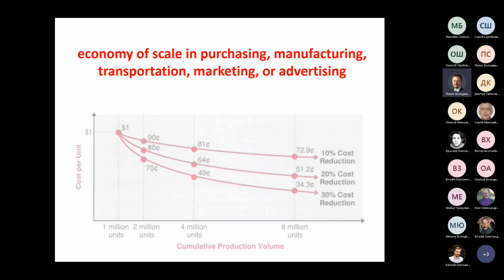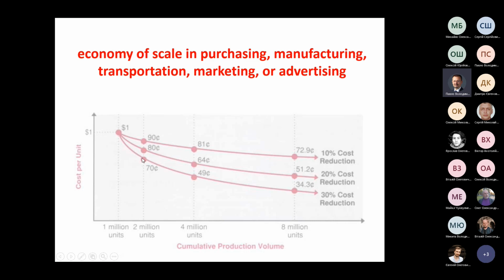And please look at this picture. Let's look at the top curve. So the cost for the first company is $1 and the cost for the second company is 90 cents.